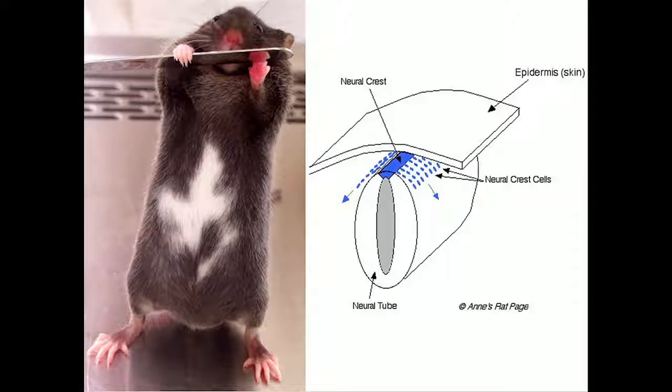pigmentary pathway alterations. So if we think about where the melanocytes and melanoblasts arise, they arise from the neural crest melanoblasts, and they basically migrate through dorsolateral or ventral pathways. And here is a mouse with a SOX10 mutation.